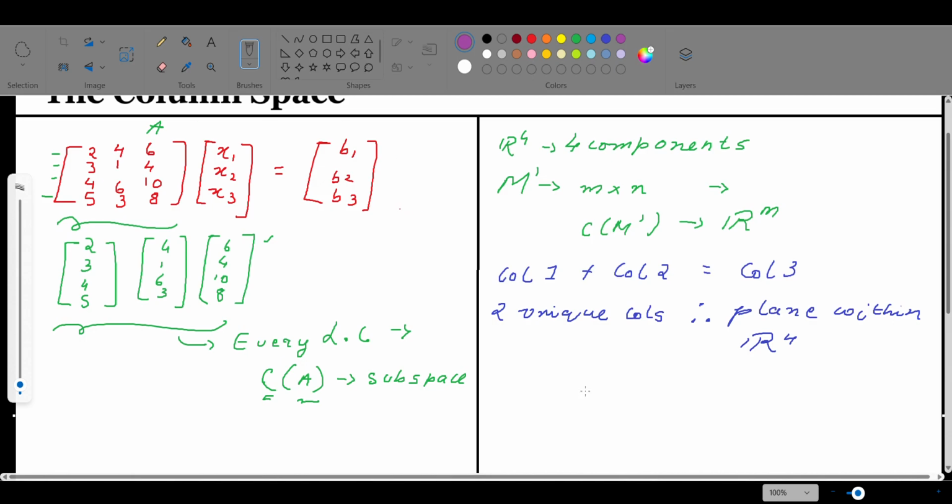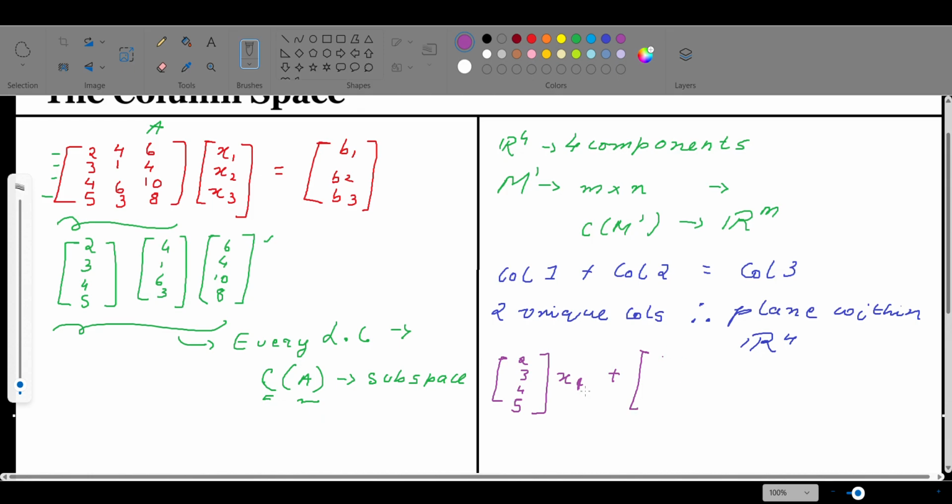So you have (2, 3, 4, 5) times x1. You can even write it in this form. I hadn't shown it to you in the previous video. This is another way of writing this.